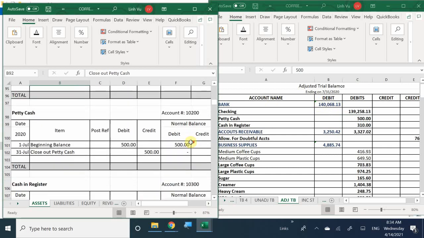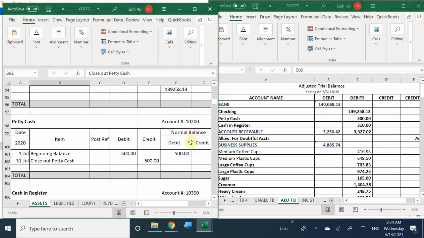So let's see. We had a very good July compared to June. Oh yes. If you guys are curious about the entire scenario and how we got this amount here, I can post the entire scenario onto the Google Classroom if you're just curious.